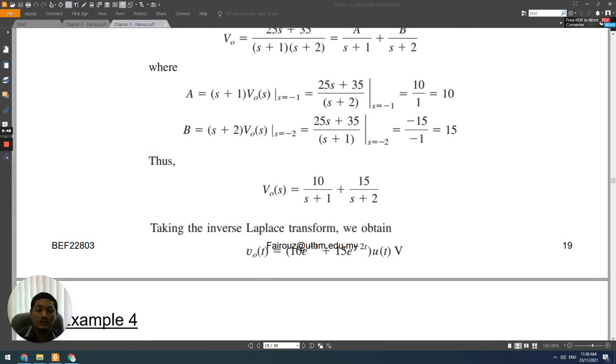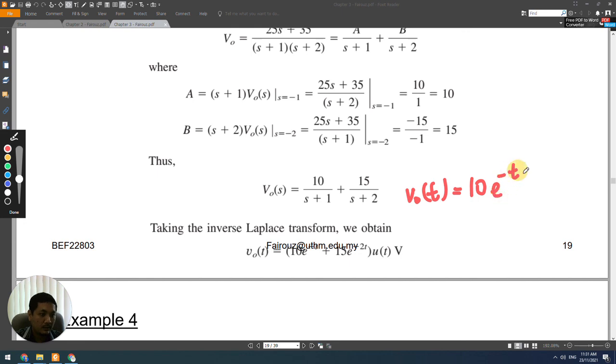From here you can simply refer to the Laplace transformation table to get 10 e^(-t) plus 15 e^(-2t). That's the answer for V out(t). Thank you.